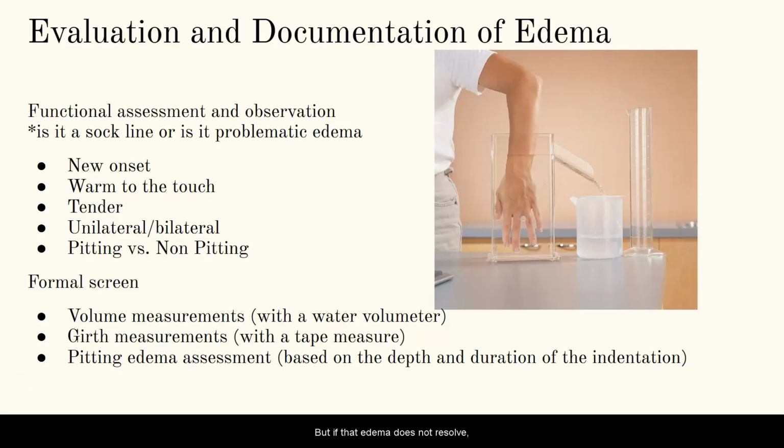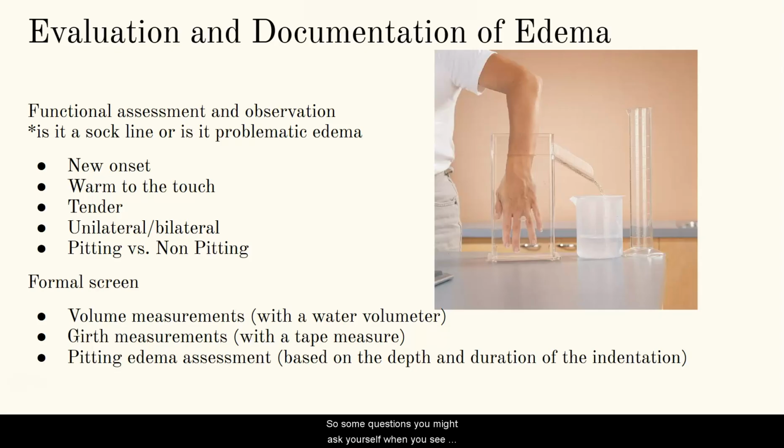But if that edema does not reduce or go away after a certain amount of time, you need to do more observation to identify what is the cause of this edema and why. And then what is your intervention going to be based on that observation?